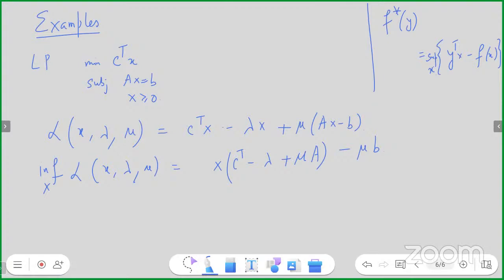Look at this form. Something is appealing, sitting there as it is. What should be my f of x here?